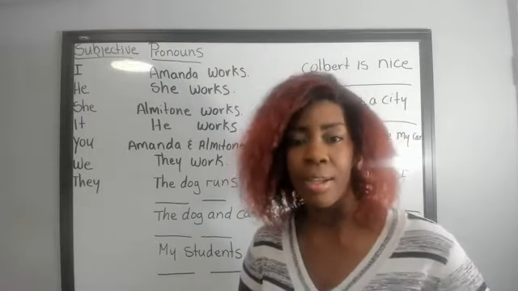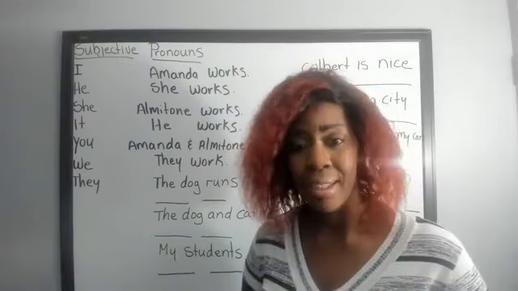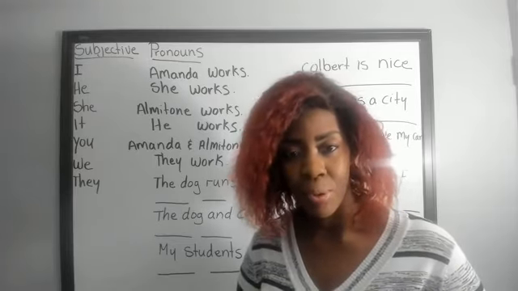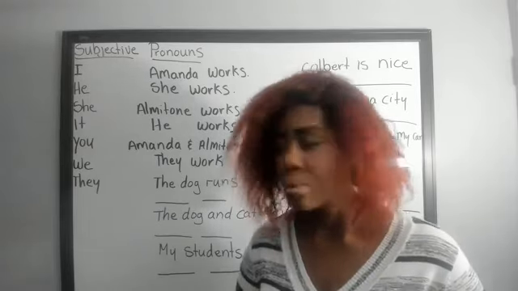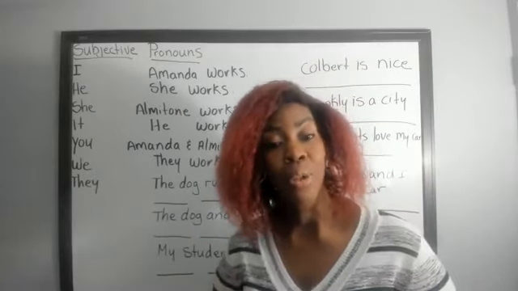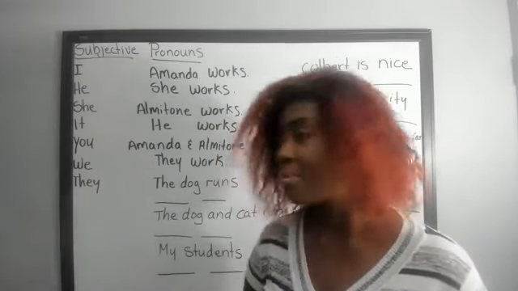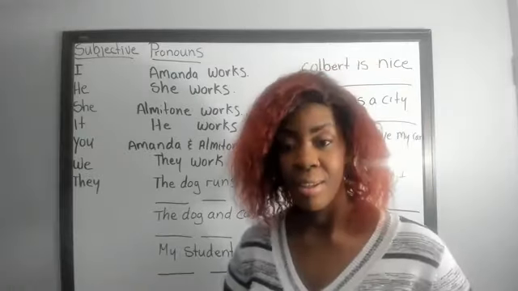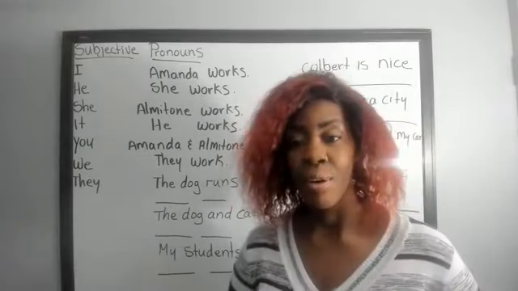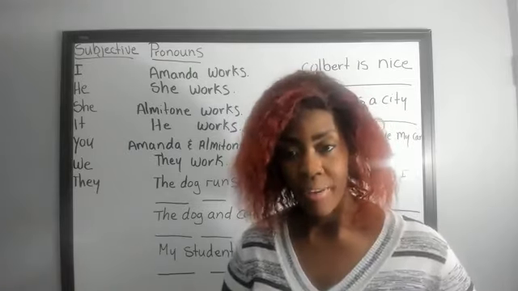It is a park. A building. A chair. A table. An animal. You. I'm talking about you that is watching me. We for you and I. They for them. All right?